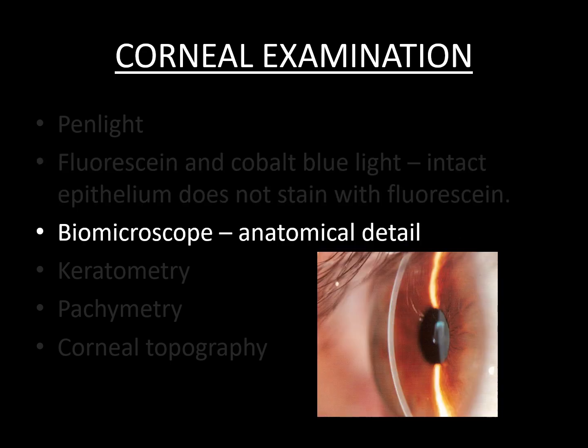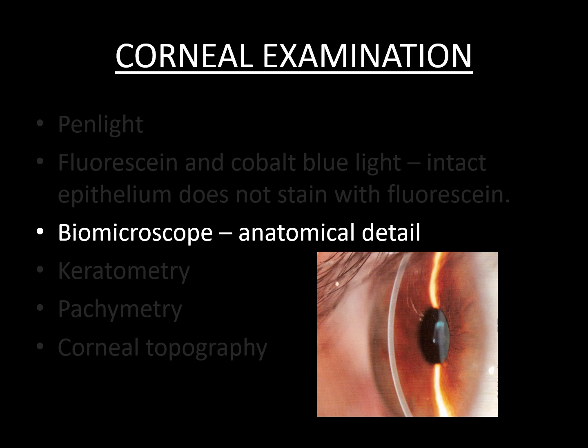Then with the slit lamp or the biomicroscope, we can see the cornea in great anatomical detail. This is how one would see it on a relatively low magnification.